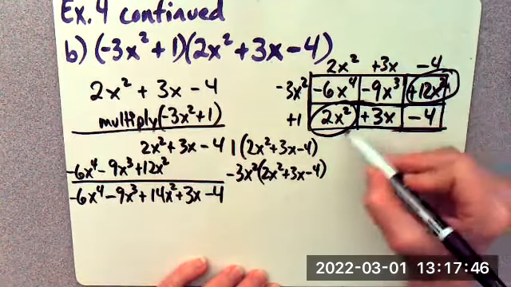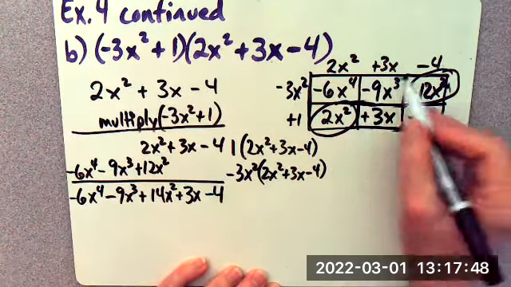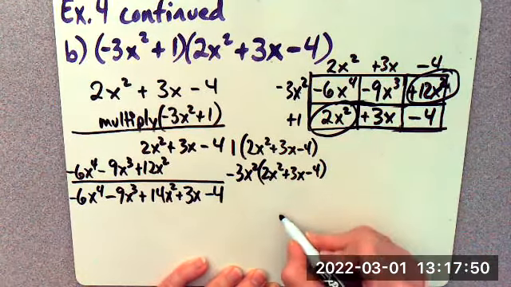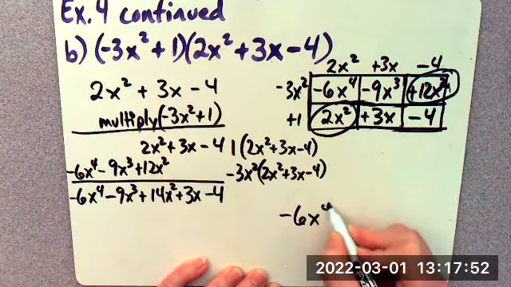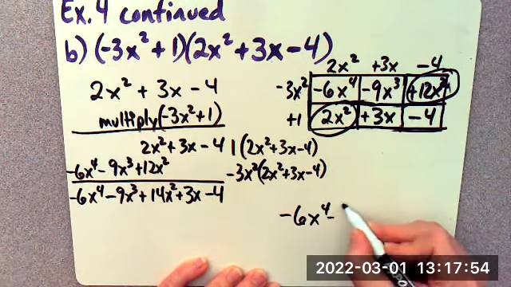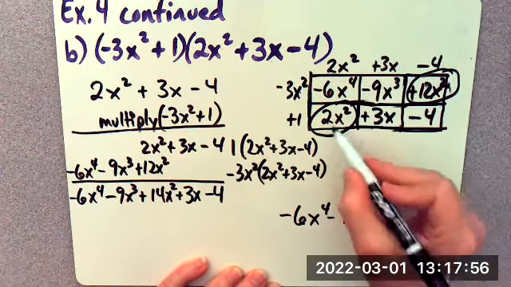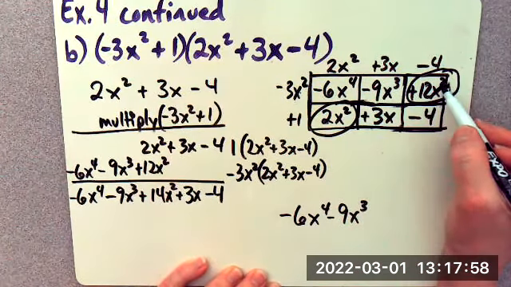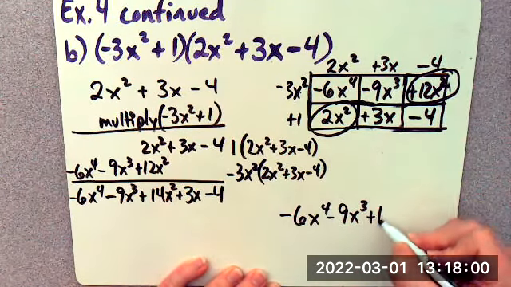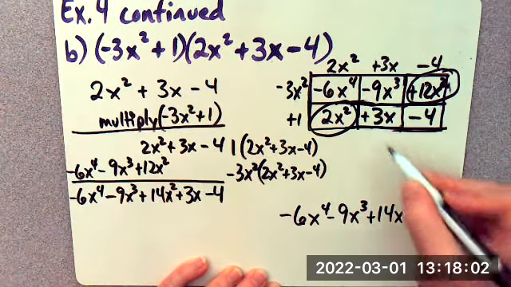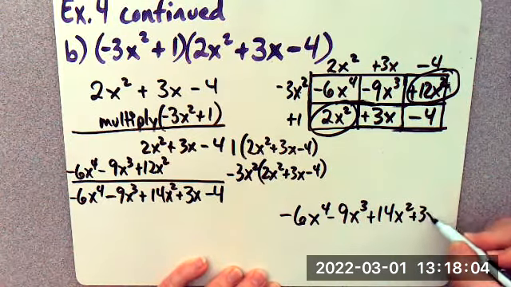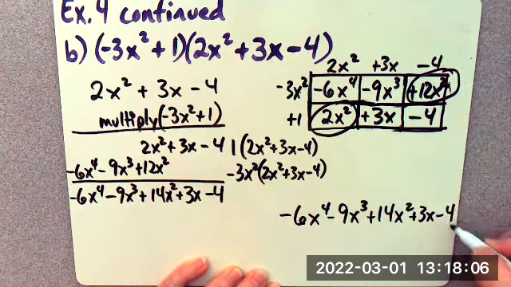But we can combine these two. So if we take the full area of this rectangle, we have negative 6x to the fourth, negative 9x cubed. We combine 2x squared plus 12x squared is plus 14x squared, plus 3x, and then the minus 4.